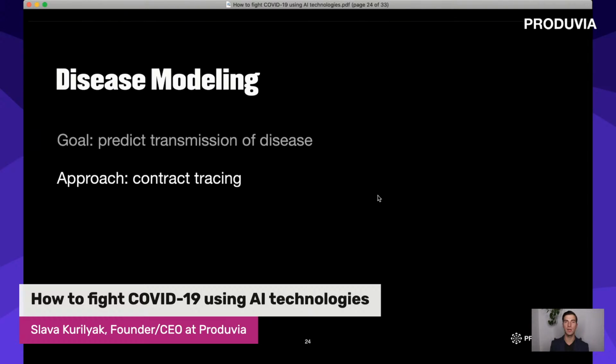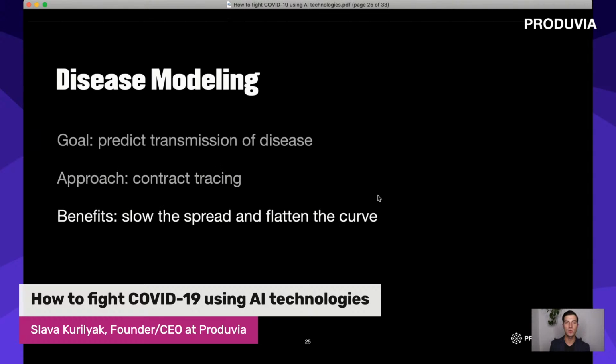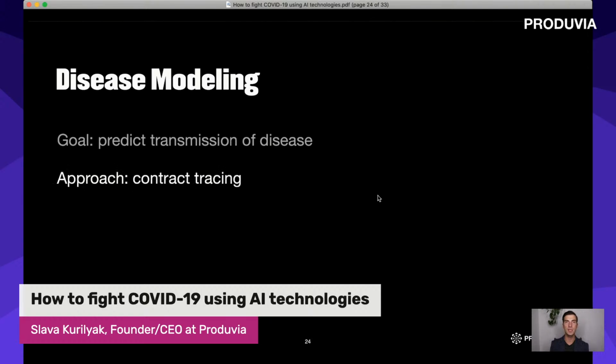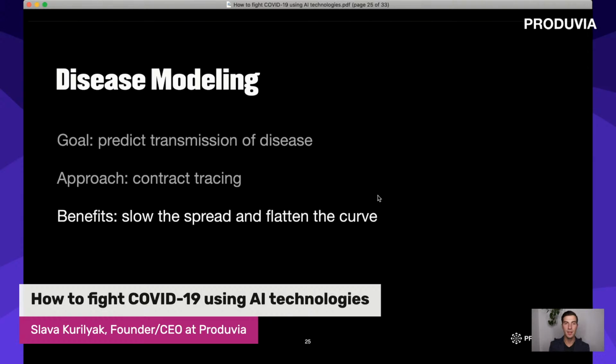And the approach here is really to focus on the contact tracing element, which is how can we see how that transmission occurs, and how can we detect it using methods where we collect data. And really the goal here is to slow the spread and flatten the curve.